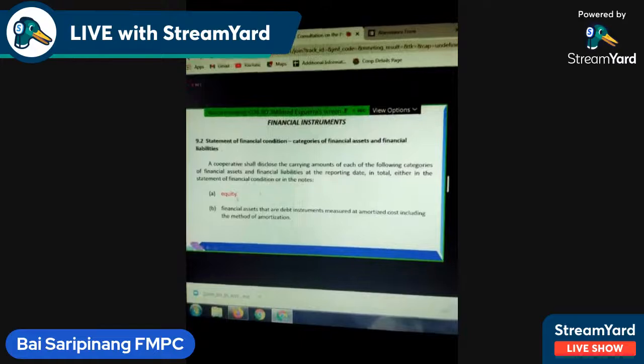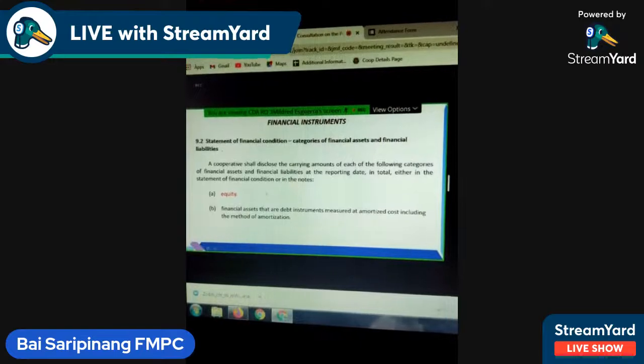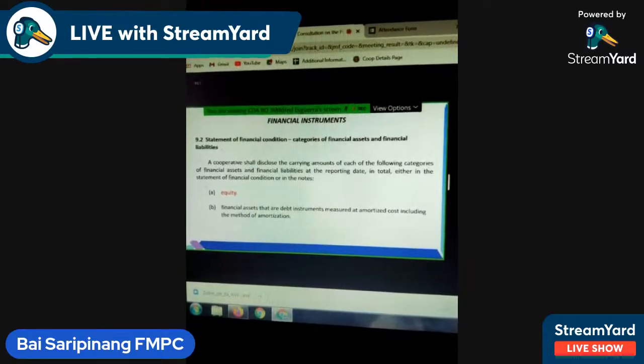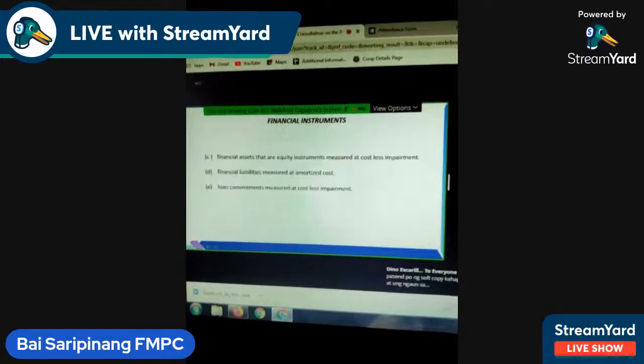Para ine-emphasize pa rin po natin dito that a cooperative shall disclose the carrying amounts of each of the following categories of financial assets and financial liabilities at the reporting date in total, either in the statement of financial condition or in the notes, no? Kasama po yung ating equity, no? Yan yung usapan pa rin natin.